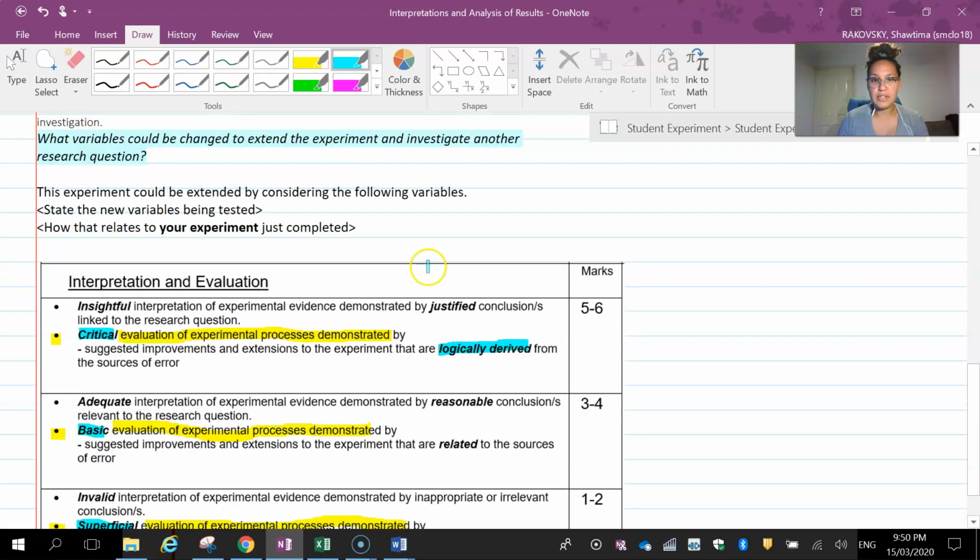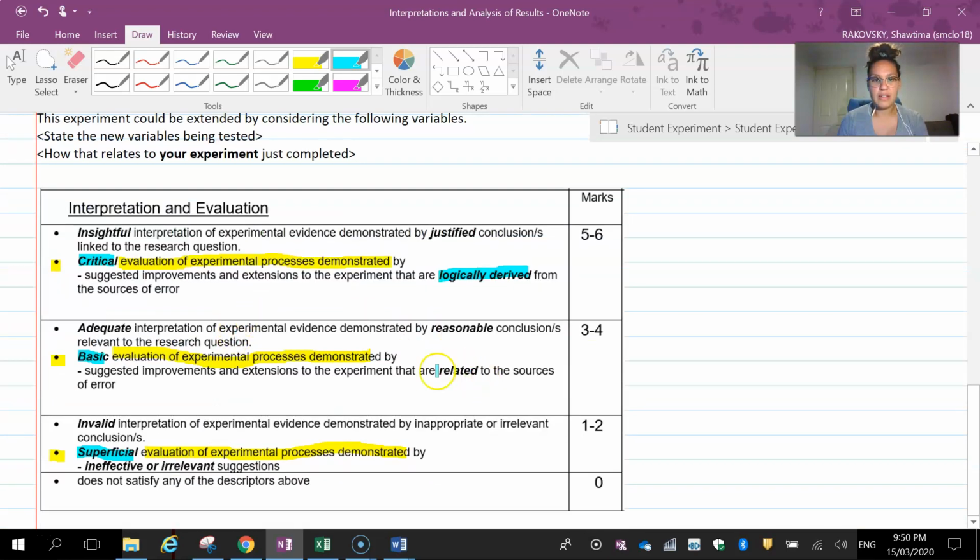Logically derived. So I gave you an example of that. It's just like related. So you might be like, well, I did toy ramps, so maybe I can change the size of the car, like the car wheels. It is related to the experiment, but it hasn't been logically derived from the results you got from the surface. Okay, and then suggested improvements.